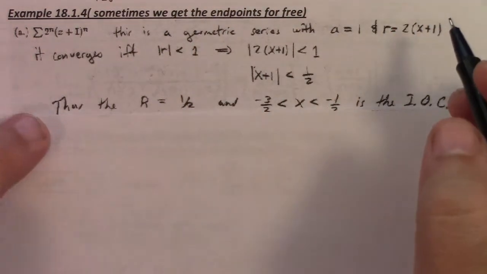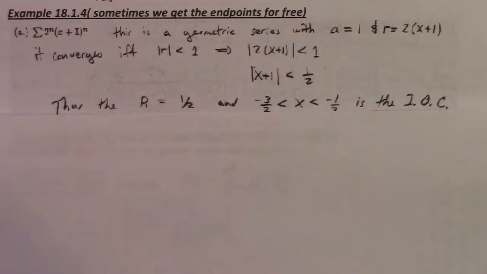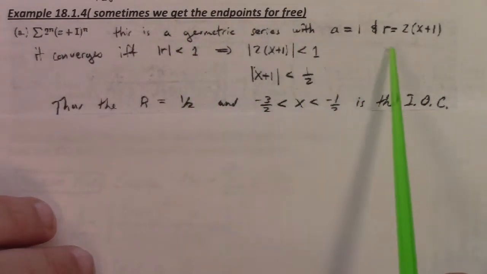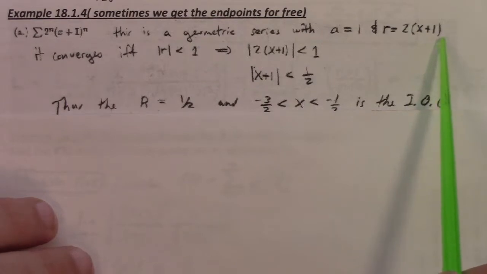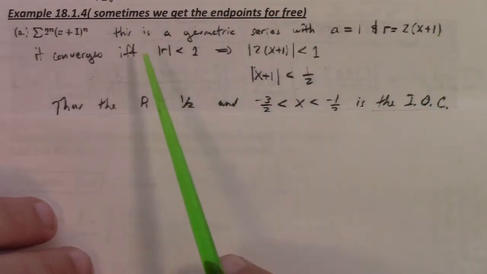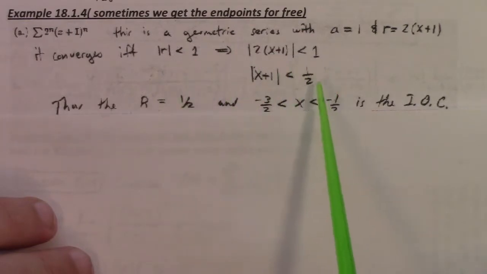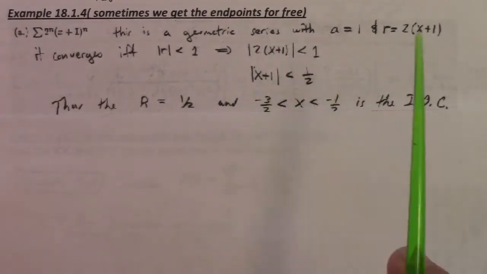All right. So this one, we don't need the ratio test or anything. We can just look at this and go, wait a second. That's a geometric series with a equal to 1 and r equal to 2 times x plus 1, right? And so it's going to converge if the absolute value of the ratio is less than 1, which gives me that the absolute value of x plus 1 is less than 1/2.